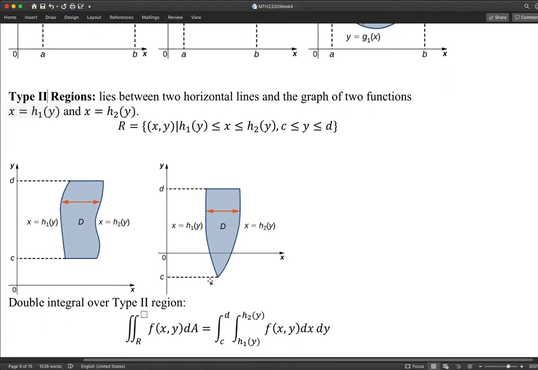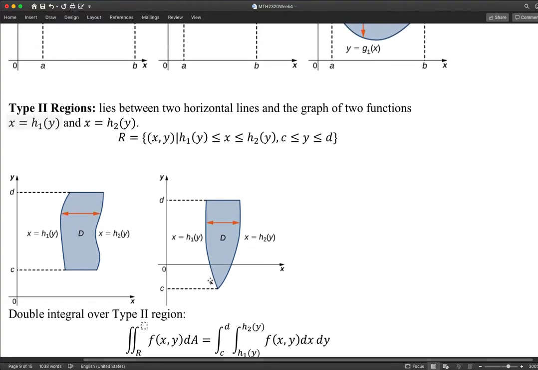And then accordingly, if we are looking for the algebraic representation for the type 2 region, this part of writing I did a little differently from the textbook. I do like the idea of always keeping x first and y second, but practically you may want to know, because of the way we treat type 1 and type 2, for type 2, y is bounded by two constants. So y is running from c to d.